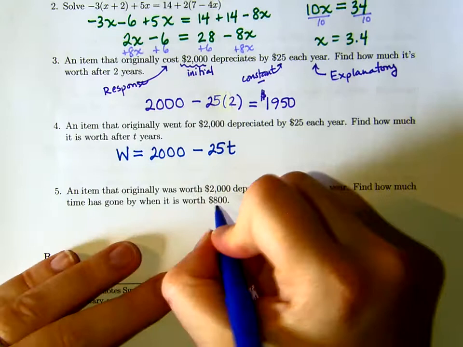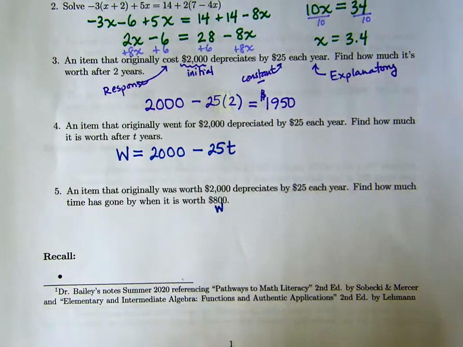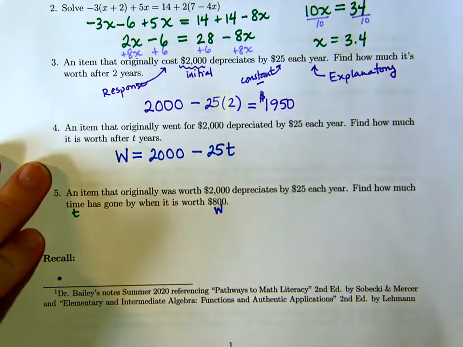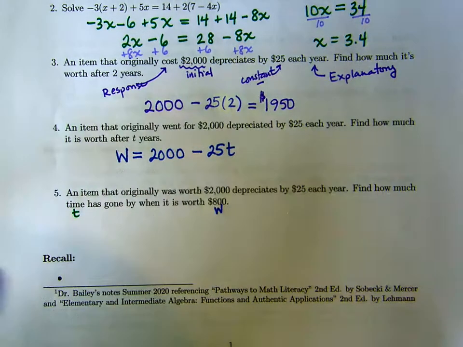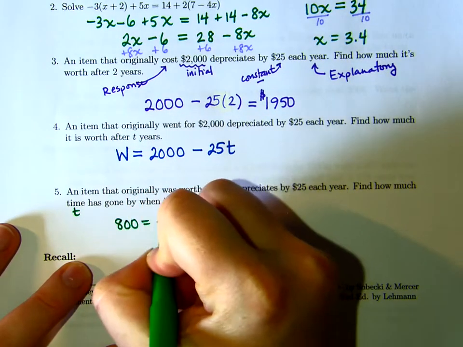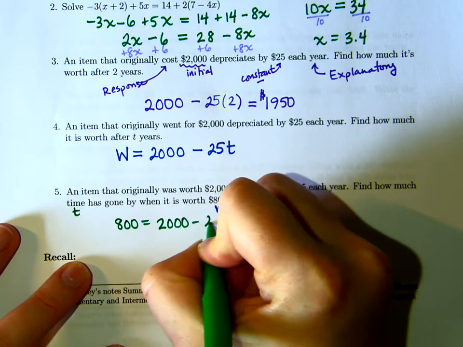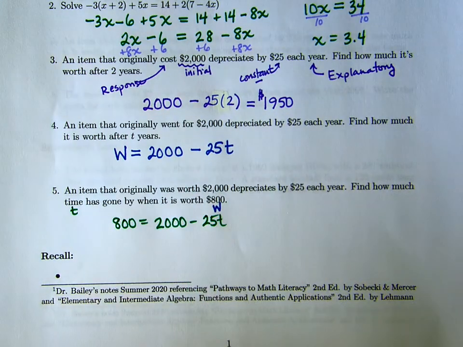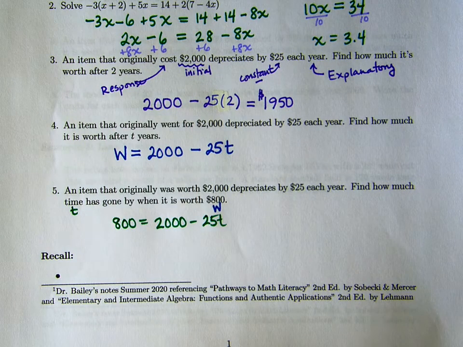So right here, we know the worth, but we don't know how much time has gone by. So we're going to put in 800 for the worth. And we know it started at $2,000 and it's going down 25 bucks a year. So how many years does it take?